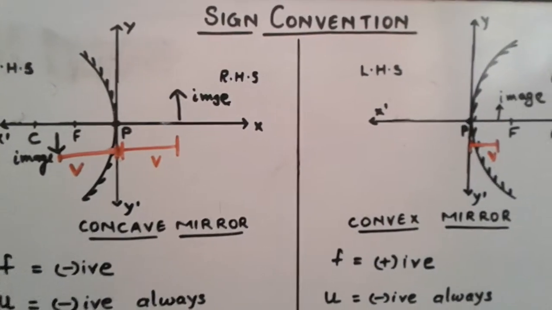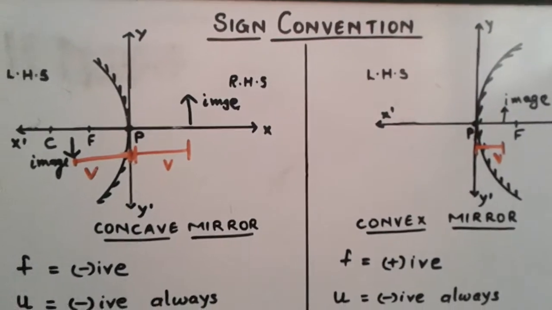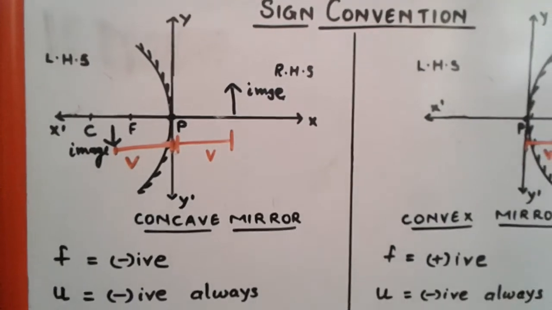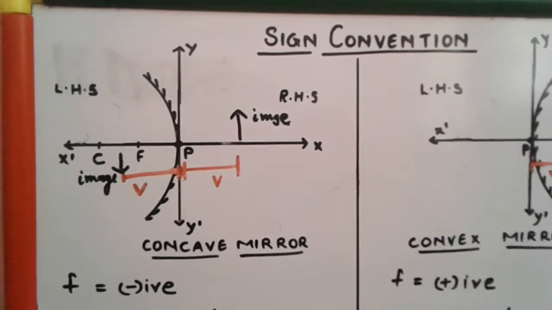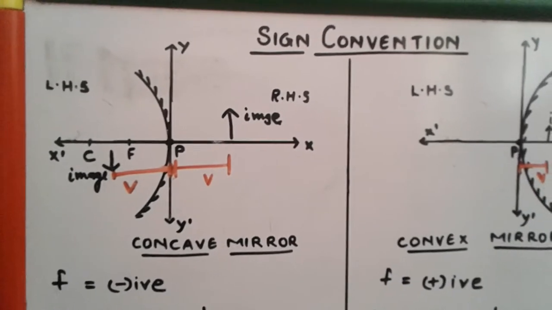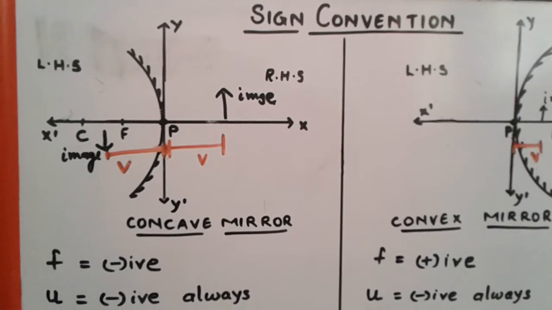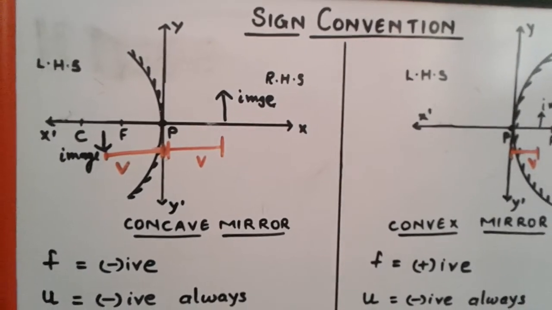This is the last and the most important parameter in the mirror formula, that is the value of v. For the concave mirror, I have drawn the image on both sides without drawing the object. This is just to show you that the image for 5 cases in the concave mirror lies on the negative x-axis. I have just taken an example where the image is drawn.